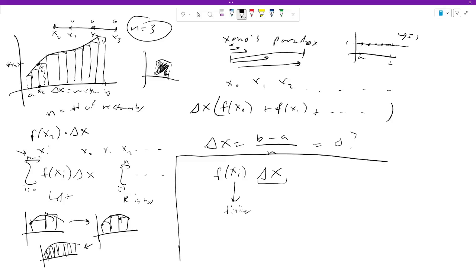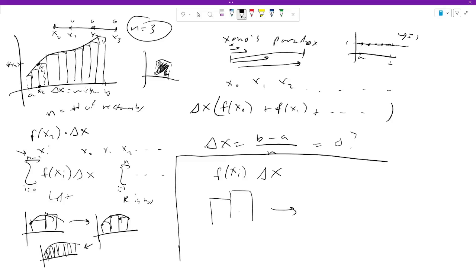It's like if I have the same height, but I have more rectangles, each one half as wide as before. If I double my number of rectangles but cut their width in half, then I still maybe have the same area, is sort of the idea. Let's say I have 2 rectangles.